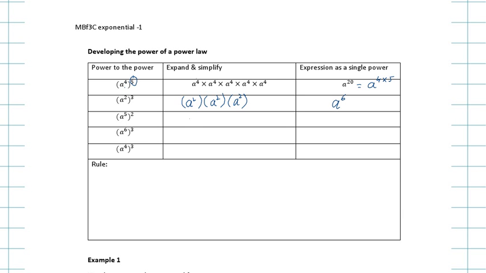This is the same thing as saying I have a to the power of 5 times a to the power of 5, which is a to the power of 10. You see that I keep the base the same, right? The base does not change.